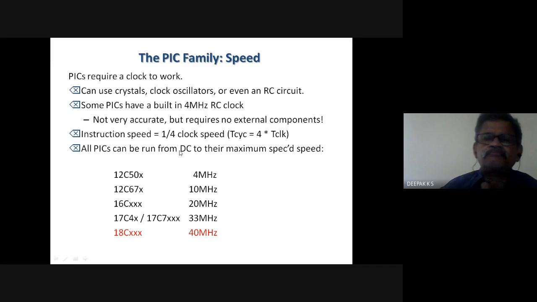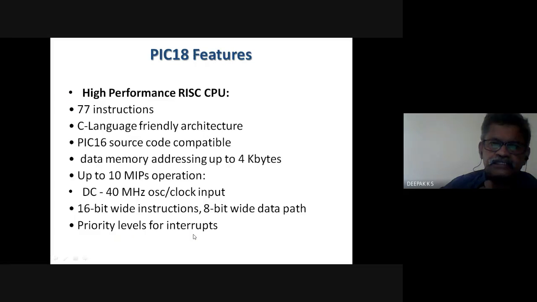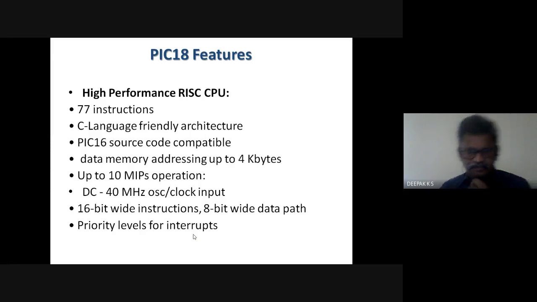PICs can run from 0 megahertz up to the maximum specified speed. For PIC18 it is 40 megahertz. Now there are various features of the PIC. We have seen that it is a reduced instruction set architecture computer, a RISC computer. Intel are CISC computers, and we have seen how it is different. There are 77 instructions in PIC18.